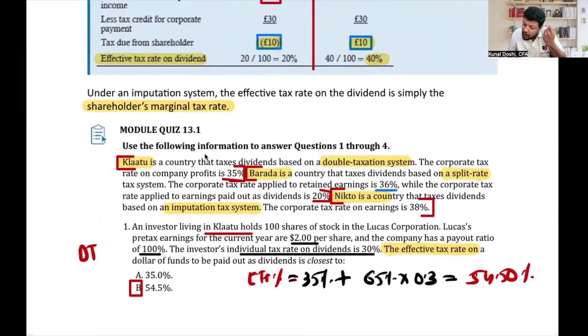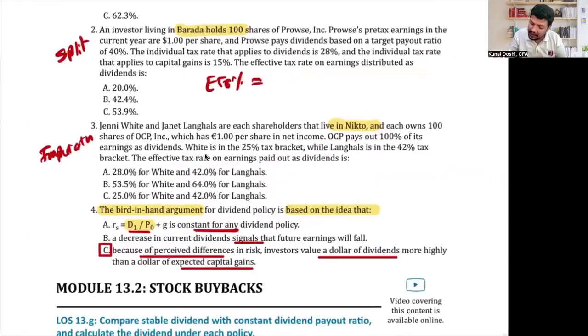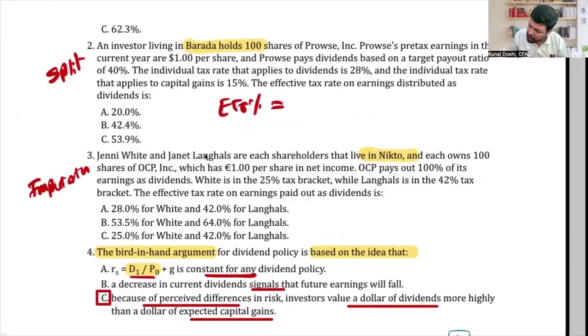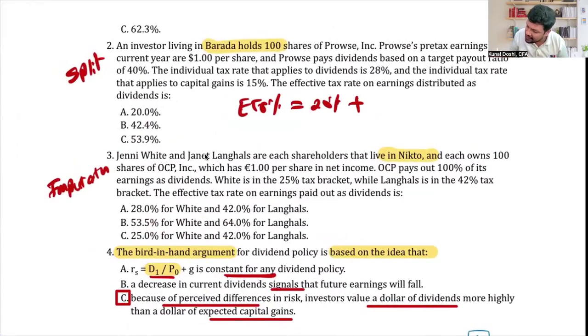But if the company is going to pay out earnings as dividends, then it is only 20%. So here it will be 20% plus 1 minus 20%, which is 80%. And on that, the individual tax rate for dividends is 28 percent. Got it? So now I will do 80 into 0.28 plus 20.